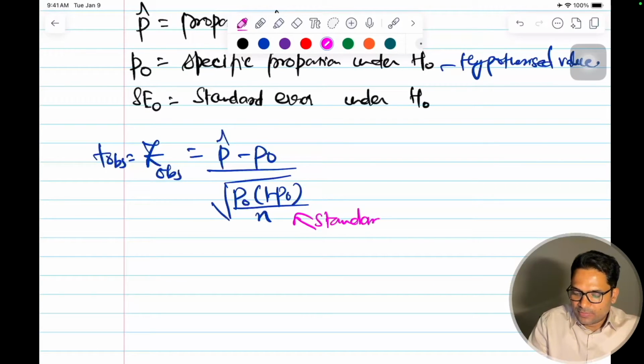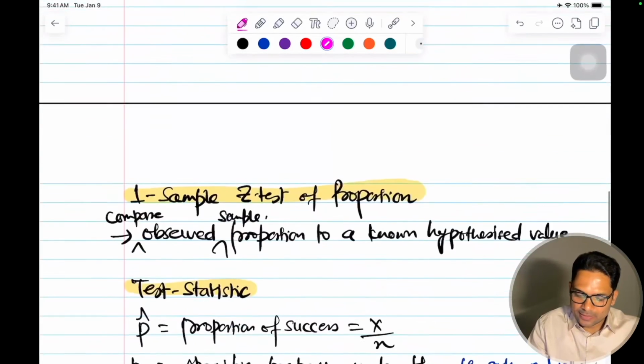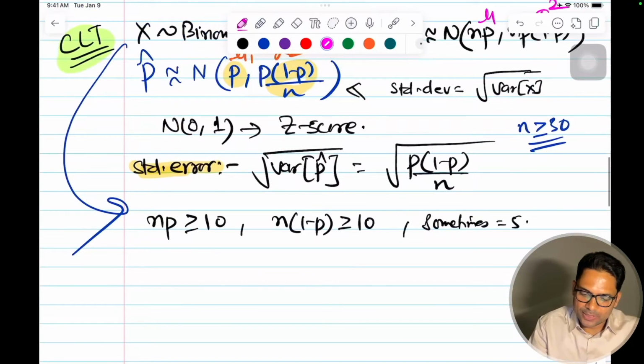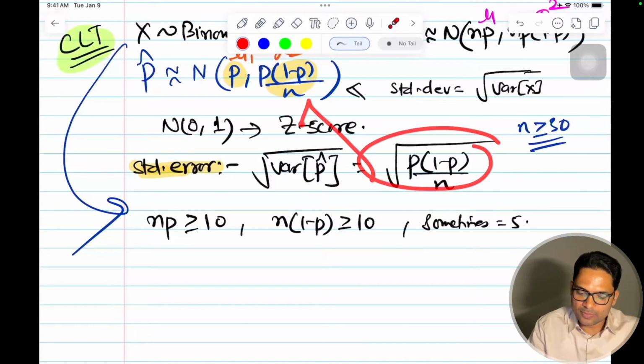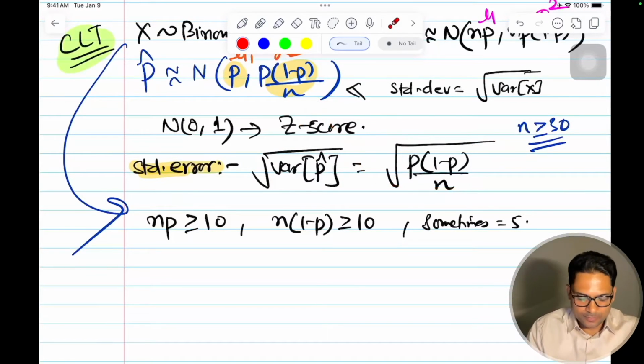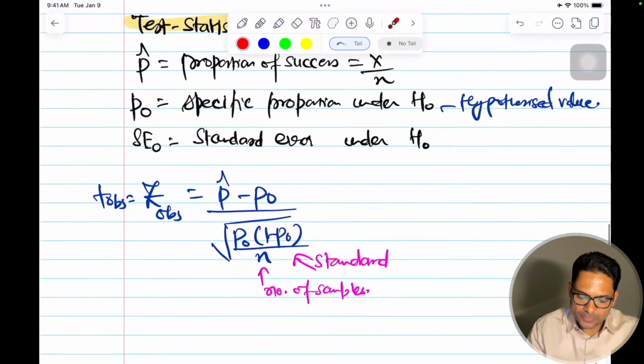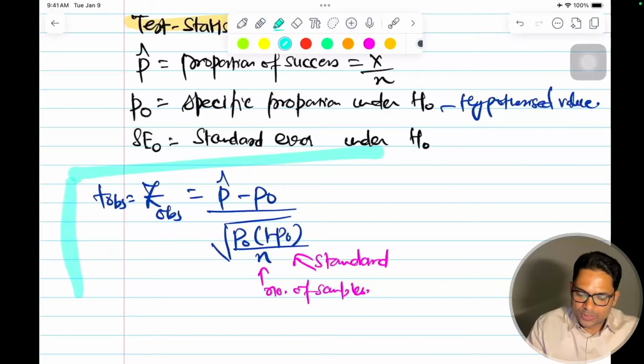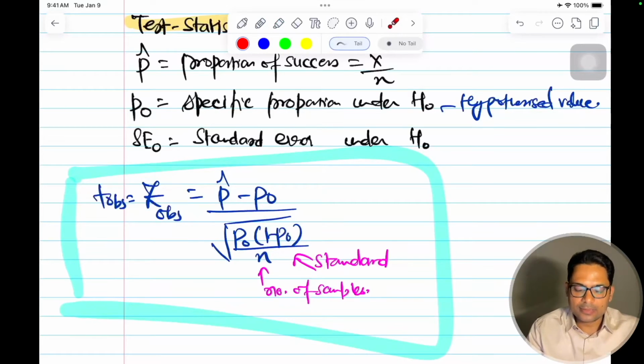Other terms we have defined. N is the number of samples. Standard error we have defined already. This is the square root of the variance, and this is coming from the central limit theorem. This is your test statistic for the one sample z test of proportion.